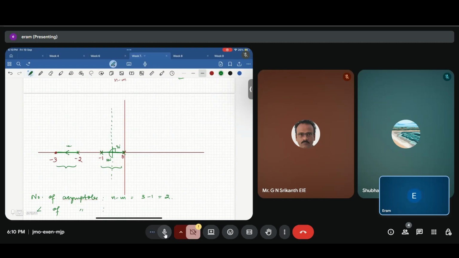And we concluded that this root locus will never cross the imaginary axis, and hence it will never go to the RHP.